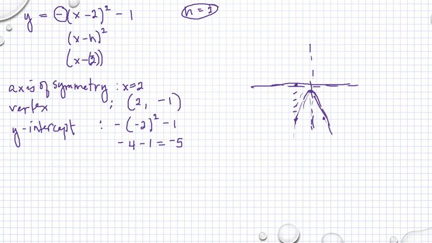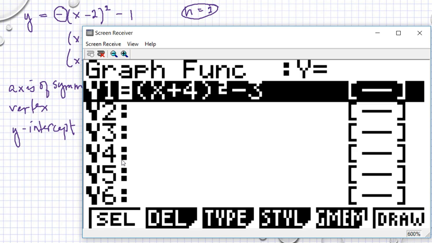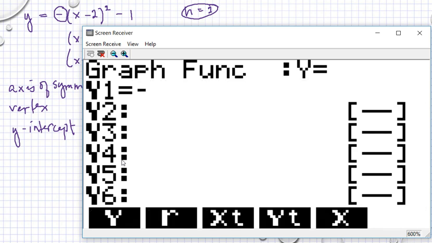You can see here. I will write that function: y equals negative x minus 2 squared minus 1.